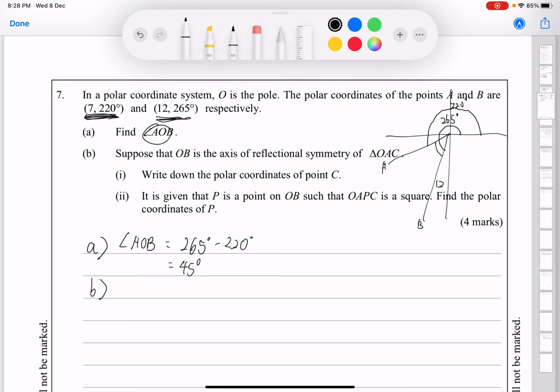Means that triangle OAC has reflectional symmetry. Here is OB, the axis of reflectional symmetry. Okay. So how do we do this question? We just simply add 90 to this.